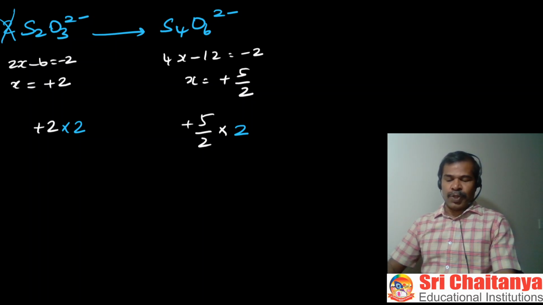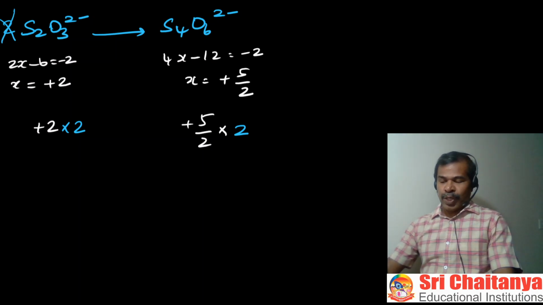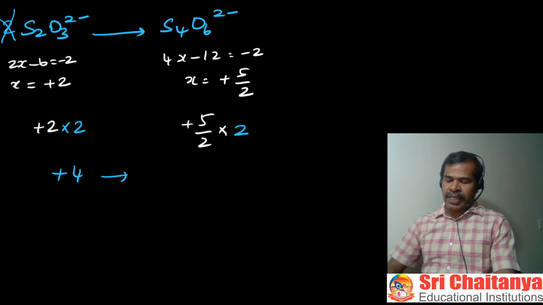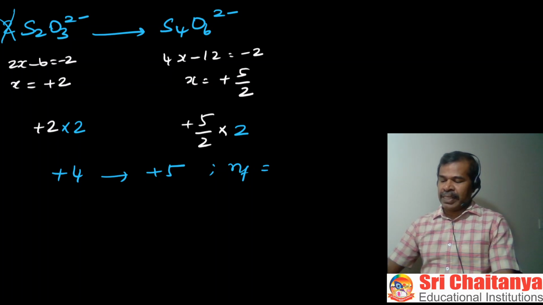It is not this 4, it is the 2 of the reactant, because we are interested in the fate of only the 2 sulfur atoms in the reactant. So overall it is +4 changing to +5 net. So the valency factor for thiosulfate is 1.